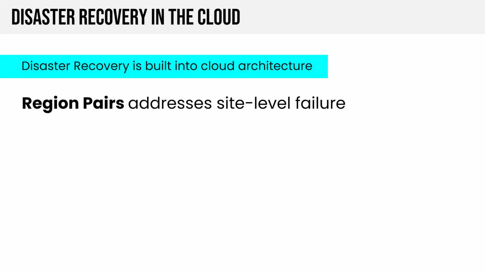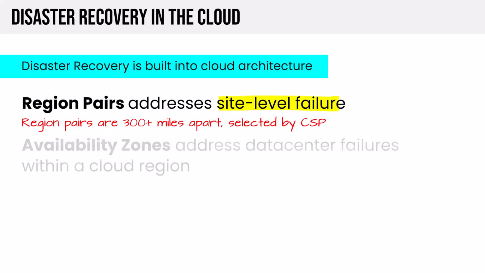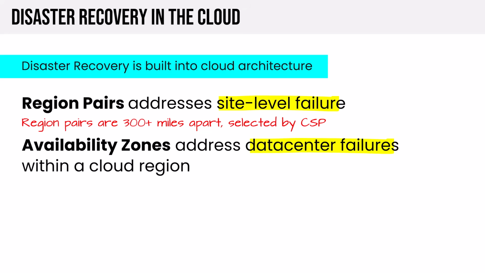Region pairs address site-level failure, so we could lose an entire region, like West US, for example. Region pairs are 300-plus miles apart. They're selected by the CSP to ensure that a disaster doesn't impact both the primary and the backup. Availability zones address data center failures within a cloud region.